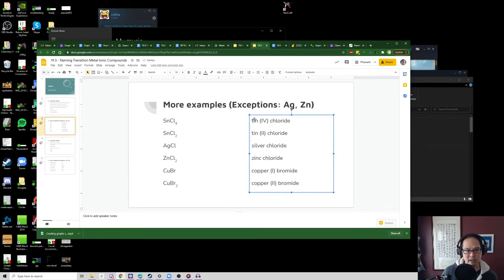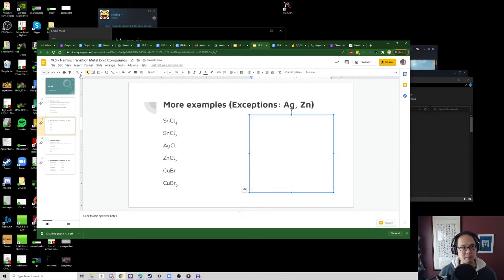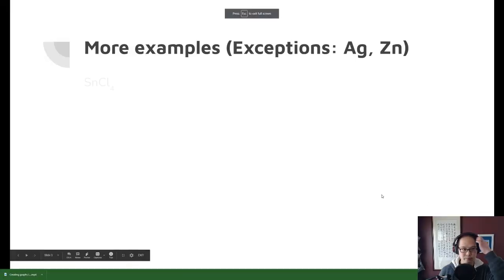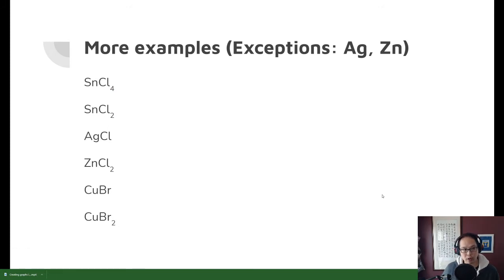Try these examples. Let me hide the answers. You're going to figure out what the charge is and then write what it is.